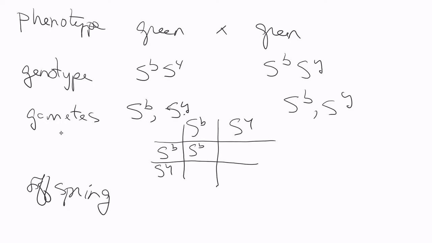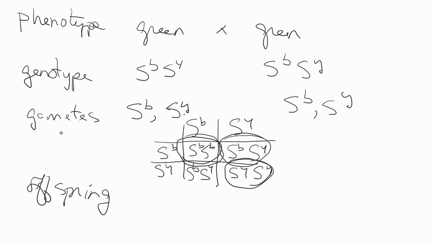So we got SB, SB, SB, SY, SB, SY, and SY, SY. So that's one that's blue, one that's yellow, and two possible green.